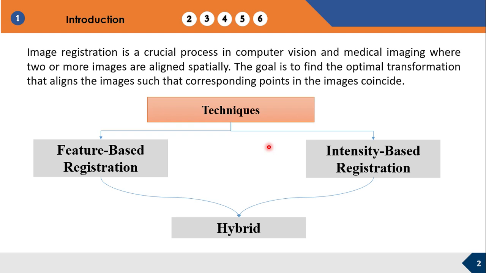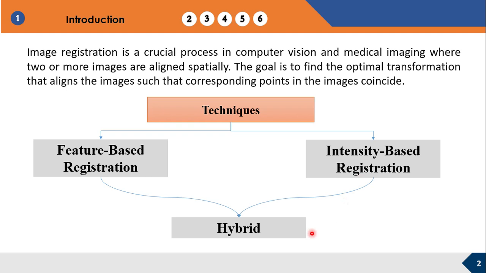So in the last decades, image registration has attracted growing attention from researchers. In general, image registration is a method of geometrically aligning two or more images by matching them to each other. And there are several image registration techniques, the most popular of which are feature-based registration and intensity-based registration.